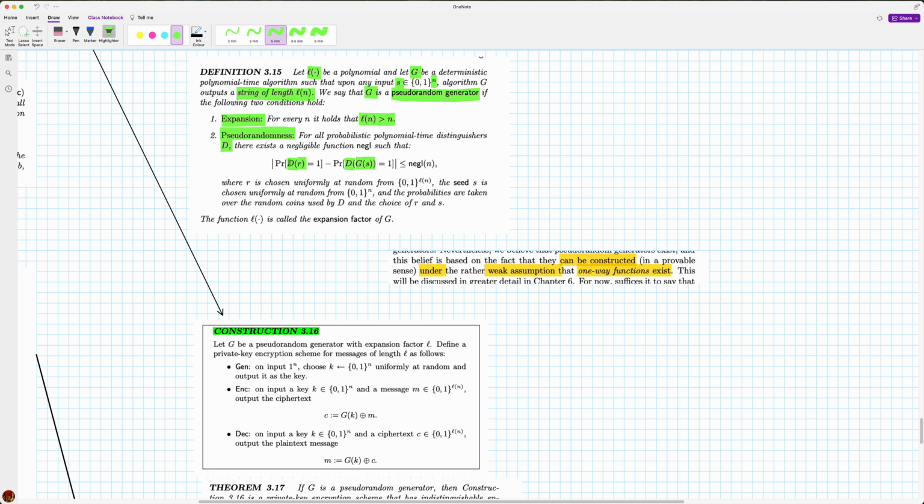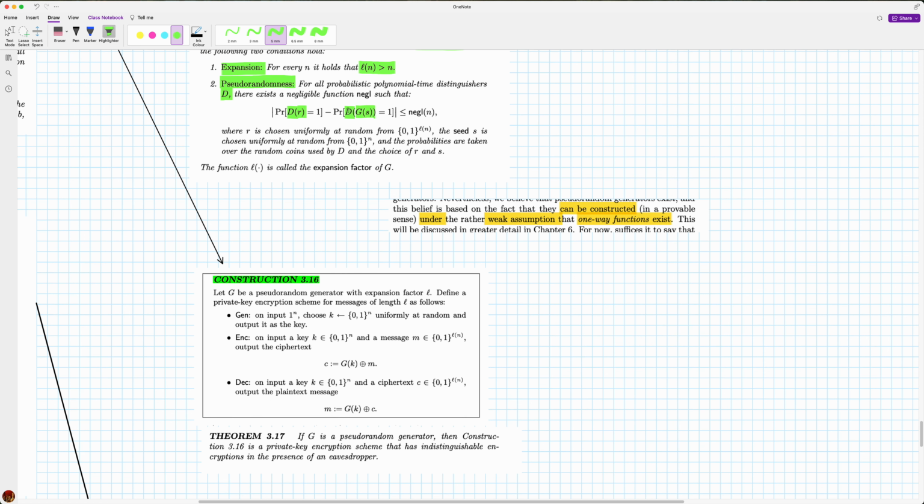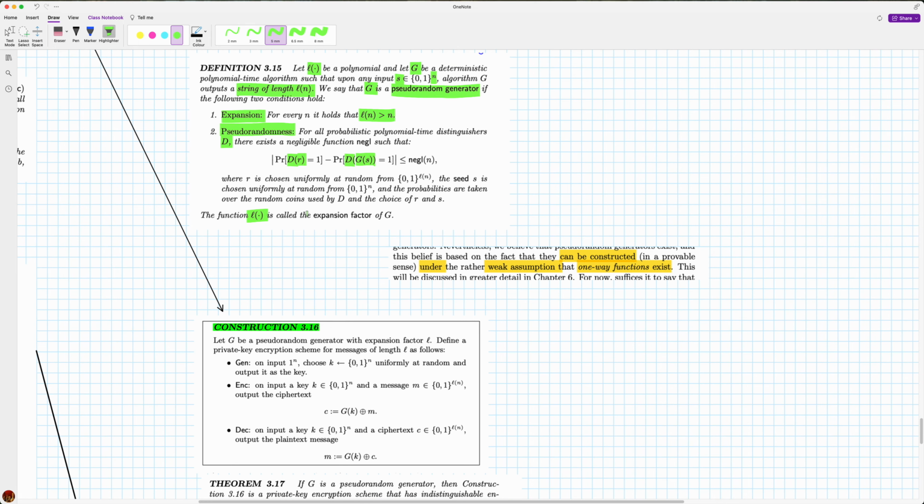In particular, they should not be able to output 1 with non-negligible difference in the probabilities. And this function little l is called the expansion factor of G.